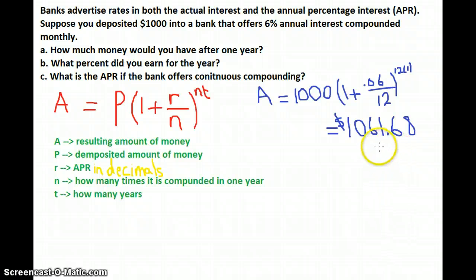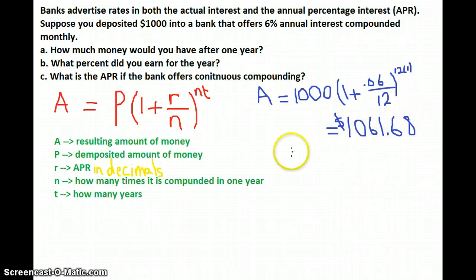So now we calculated how much money we would have after 1 year. Now, what percent did you earn for that year? They're asking what percent did you earn from your total money? Well, you earned $61.68 because you had deposited, you gave the bank $1,000 and you got back $1,061.68.